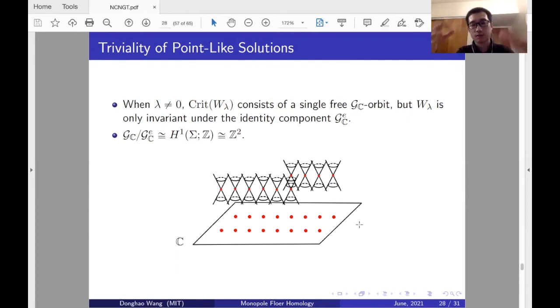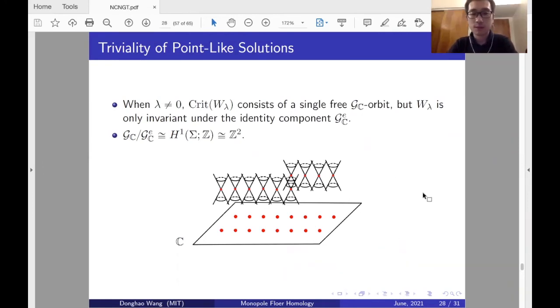Then we pull back this family to the complex plane. So over the complex plane, we have infinitely many critical values for the superpotential, and they form a lattice inside C. They are periodic in 2 directions. And the component group of G_C acts transitively on these critical values. I think it would be a very interesting problem to understand the Fukaya-Seidel category of this LG model.